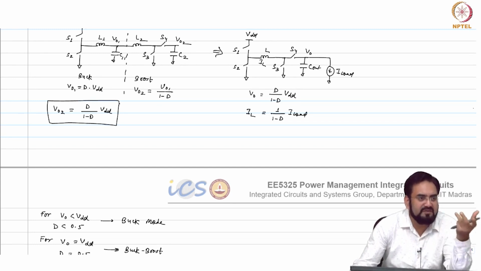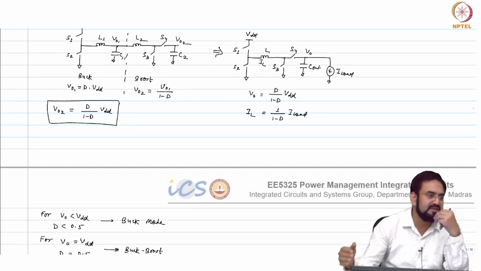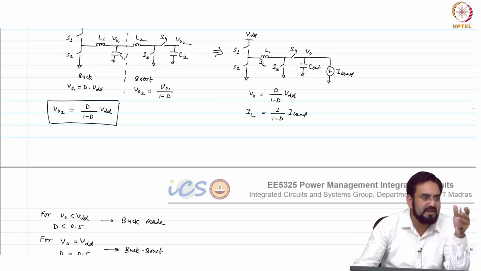Under the condition of load, V loss will be finite. So your V out will always be less than V in. You cannot make V out equal to V in. That's the ideal condition without any loss. The moment you have a loss, you cannot make it. So that's why you require buck boost. Even if you want to achieve V out equal to V in, you cannot do it with the buck, even if you are allowed to make duty cycle 100%. That is only true under no loss condition, which means your load current should be 0.